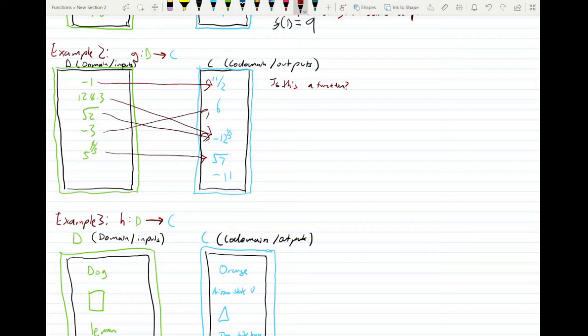Okay. Question number 2. Given this function, is g of minus 1 defined? If so, what is it? Pause the video and try to answer on your own.